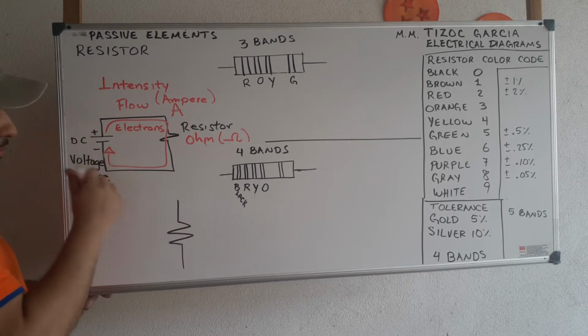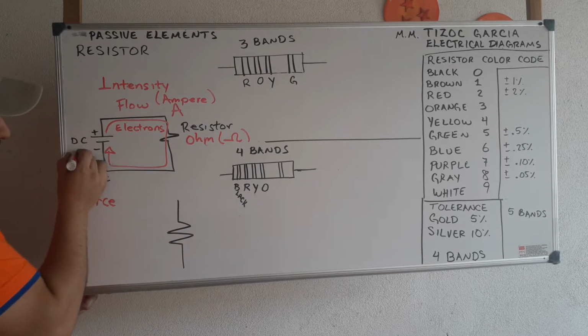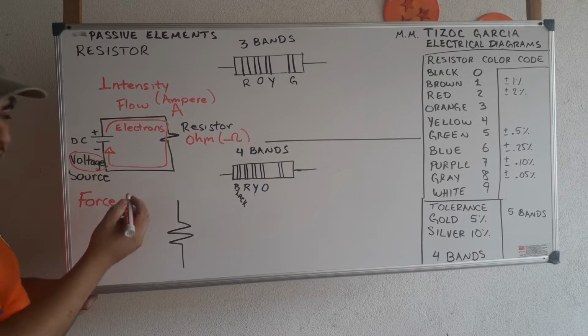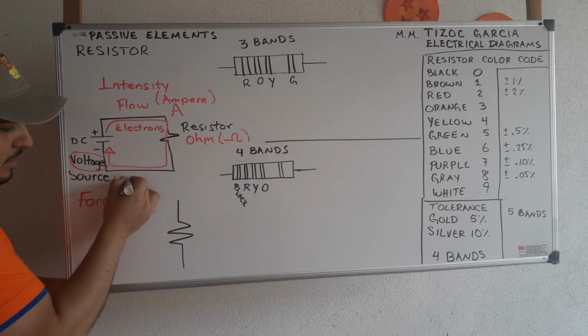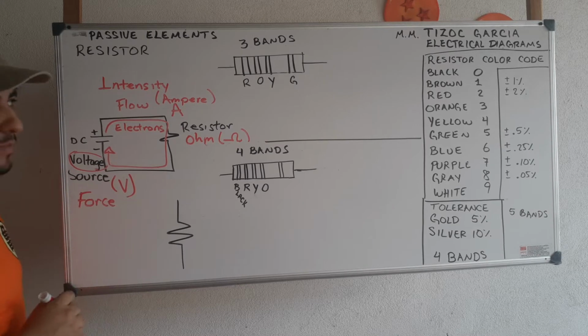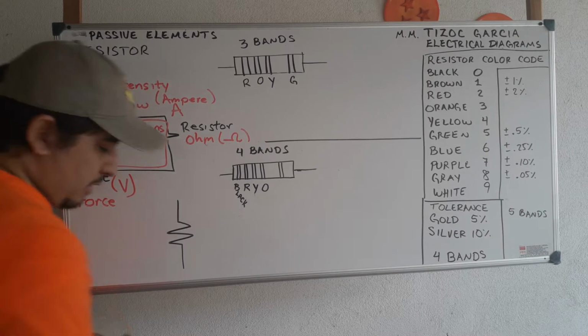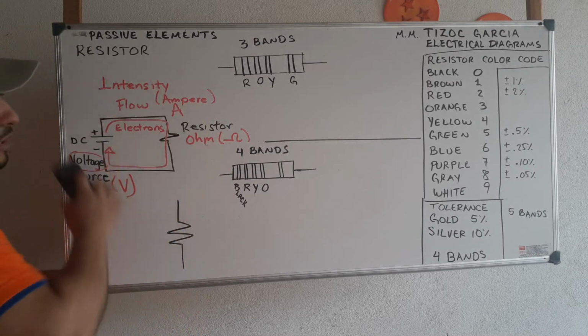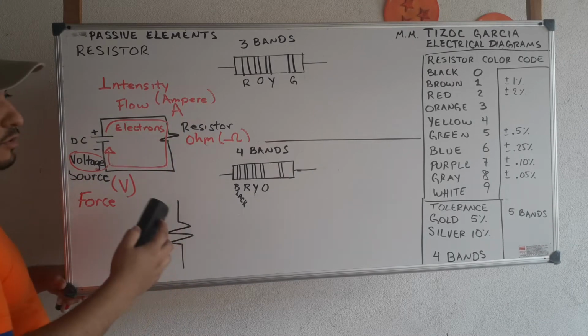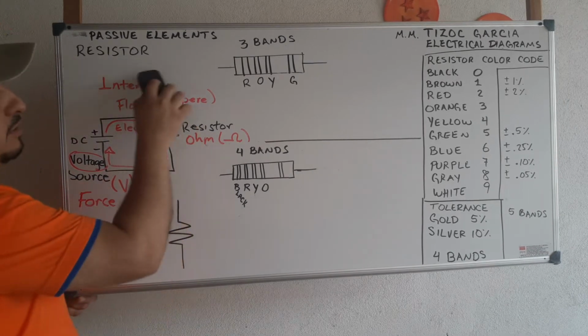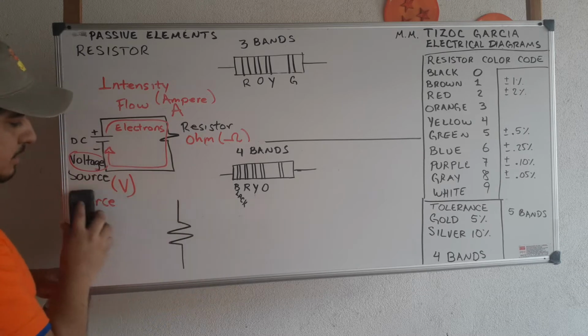And for voltage, the unit is the volt, and we represent it with a V. Now, we are going to talk about Ohm's law later. Today we are going to start with the resistor and its characteristics.